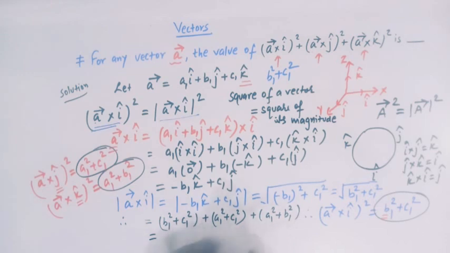Now if we add the terms, then we have 2 times of A1 square plus B1 square plus C1 square, right?